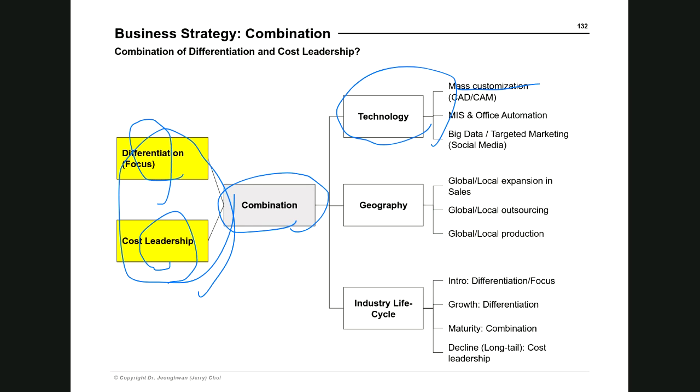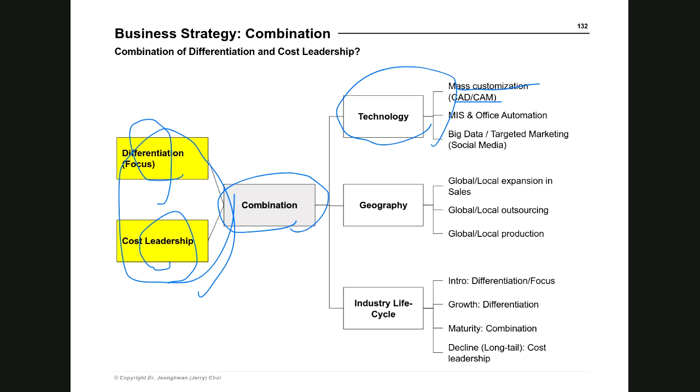For example, CAD/CAM or the automated and fully networked manufacturing line. When we establish a fully automated and fully networked manufacturing line, we can produce as many as possible, and we can change the product design according to customer demand.